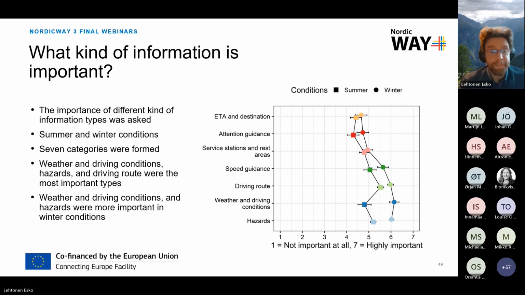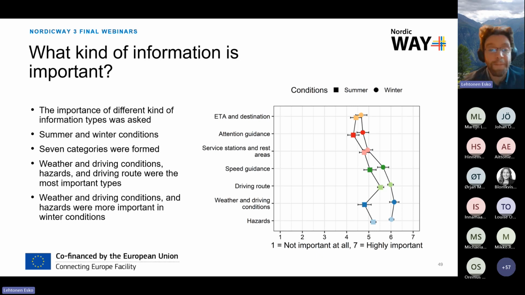And we also asked them separately considering summer conditions and winter conditions, because there's quite a difference between those. Because we had so many information types, it was easiest to categorize the answers, and then we calculated the mean values for the responses. And we ended up having 7 categories.